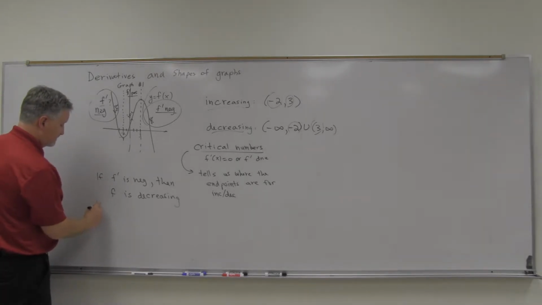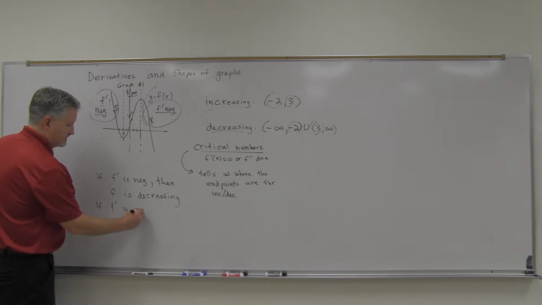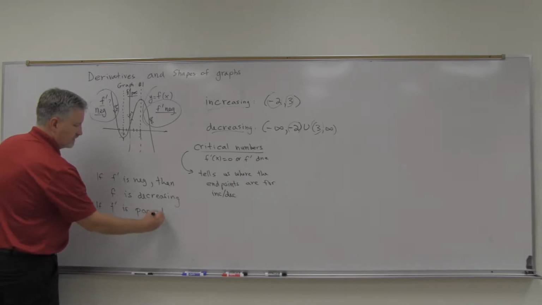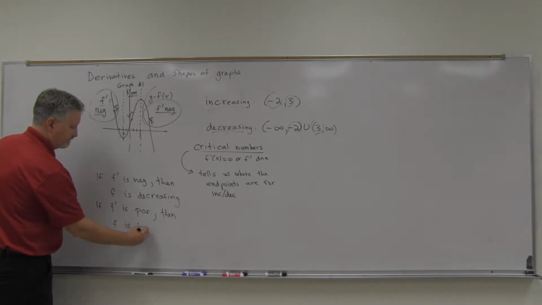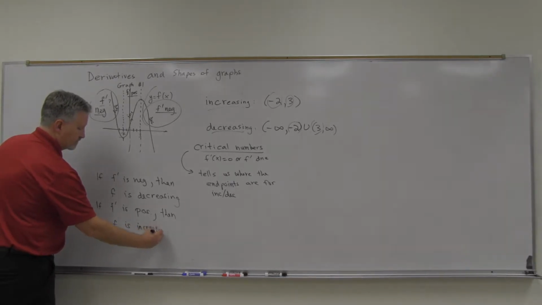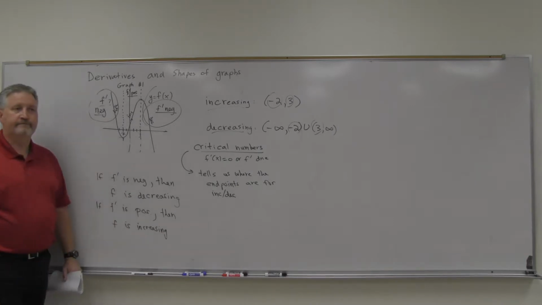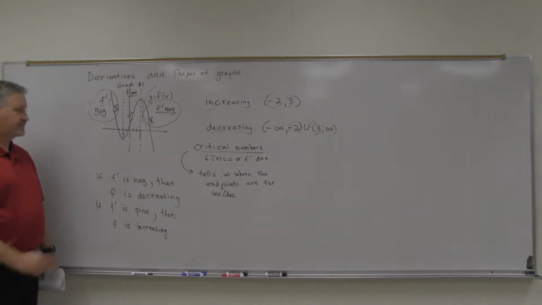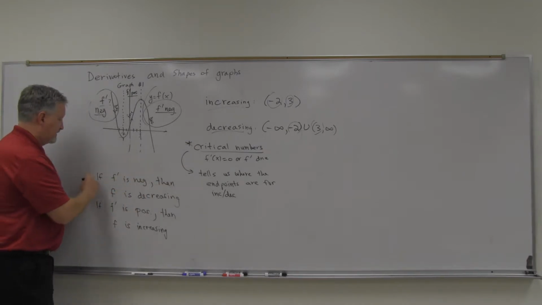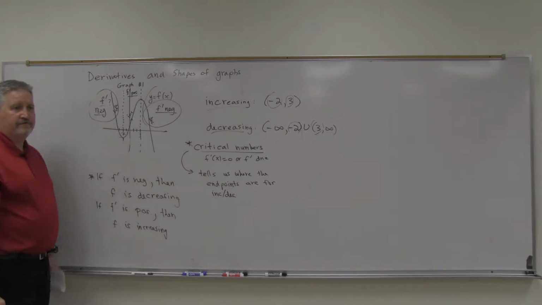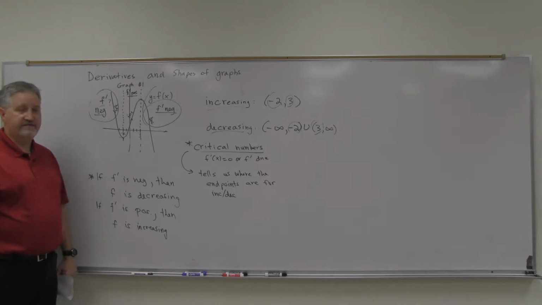And then vice versa, if f prime is positive, then f is increasing. Okay? So we'll use these two things and think about the critical numbers being the endpoints, and then f prime is negative, it's decreasing, f prime positive, it's increasing.